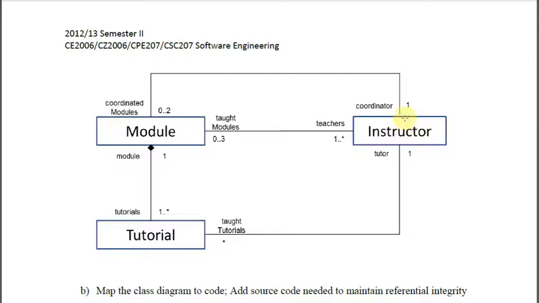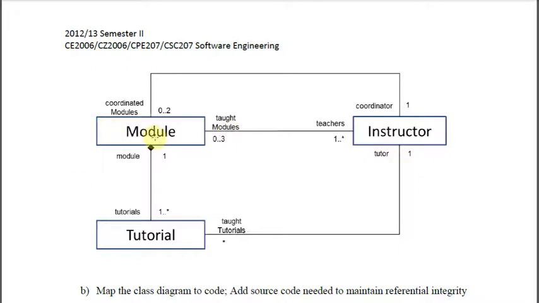The multiplicity at the side of instructor is 1, and the instructor can coordinate at most 2 modules. So the multiplicity at the module side is 0 to 2. There is also a relationship between module and the instructor. The multiplicity at the side of instructor is 1 to many, as an instructor can teach at most 3 modules, and the multiplicity at the module side is 0 to 3.